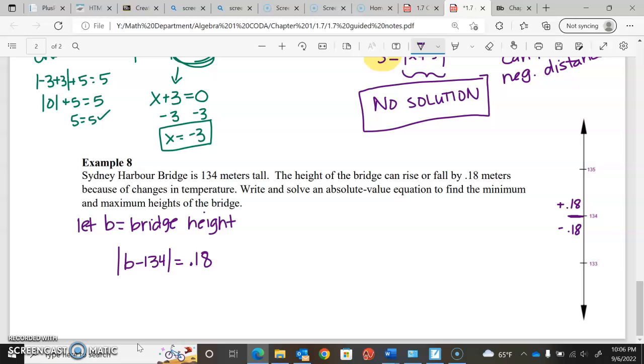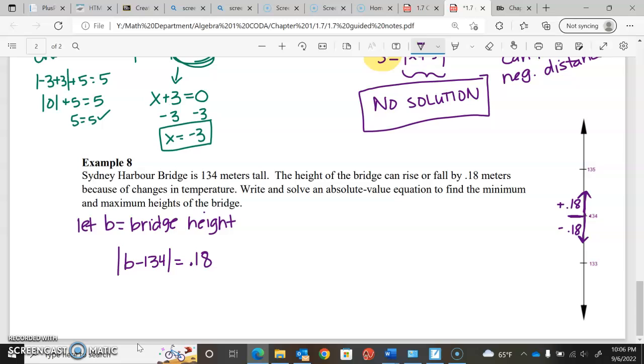Because the positive difference could be 0.18 up. So it could be 0.18 meters taller or 0.18 meters shorter. So the difference in distance between the height of the bridge, right? It's 134 meters tall. So if we add 0.18 or subtract 0.18, that difference is 0.18.